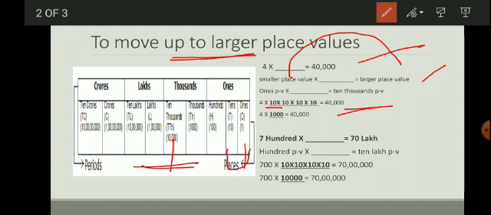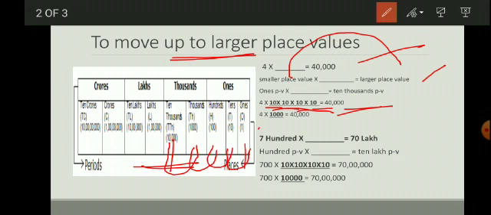Next, 10's successive place value is hundreds, so again into 10. Hundreds successive place value is thousands, so again into 10. And thousands successive place value is 10,000s, so one more 10. So we have multiplied from the ones place to the 10,000's place. 10 into 10 into 10 into 10.